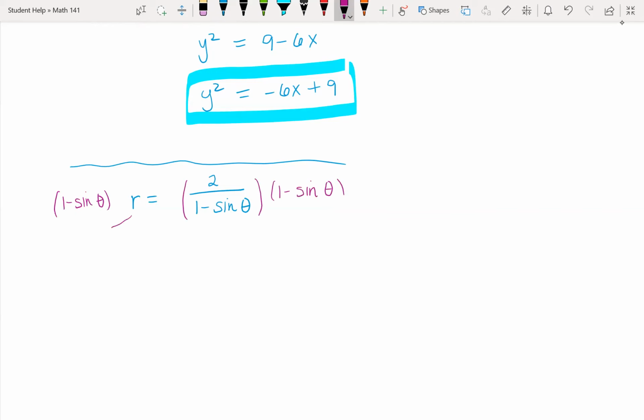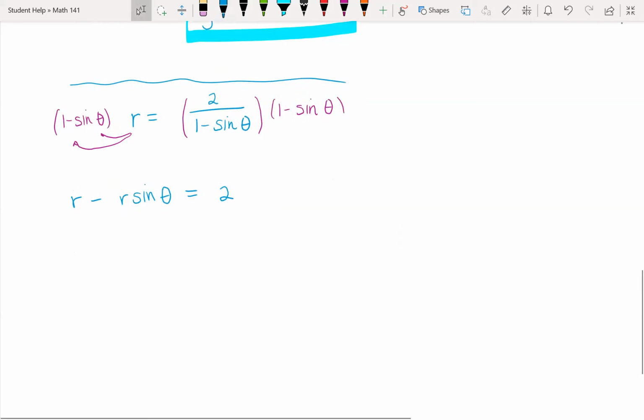And then I'm going to distribute the r to both of these items here. So I'll have r minus r sine theta equals 2. What I'm trying to do is rearrange it so that I can get r times sine or r times cosine, because I know how to make those substitutions, right? I know that r sine theta is the same as y. So now I can rewrite this as r minus y equals 2.